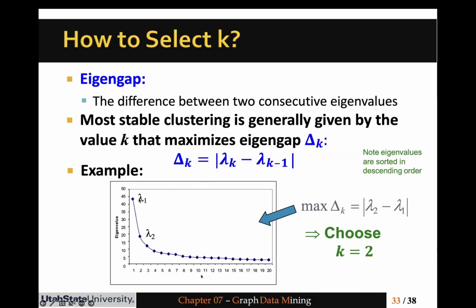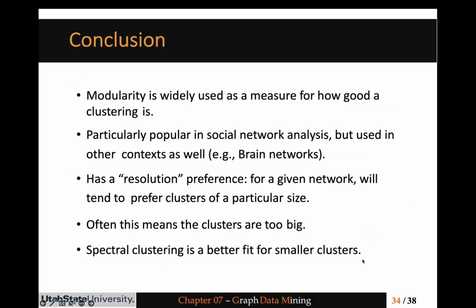So in this case, K is equal to 2. This is known as an elbow curve because it looks like your elbow, and the elbow has a peak or a valley at 2 in this case. That's exactly the point where you want to stop.